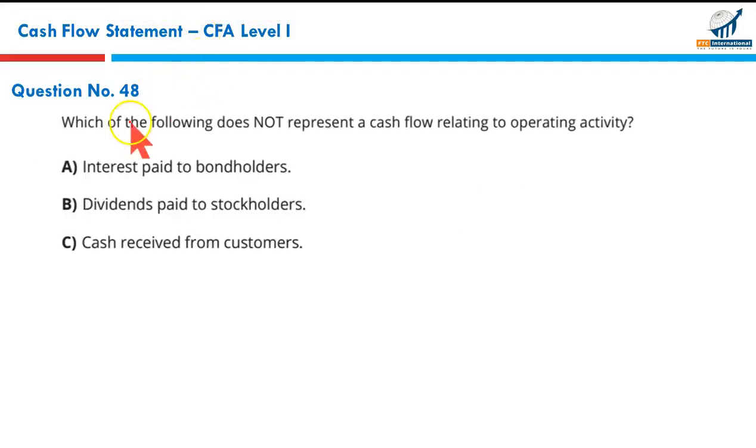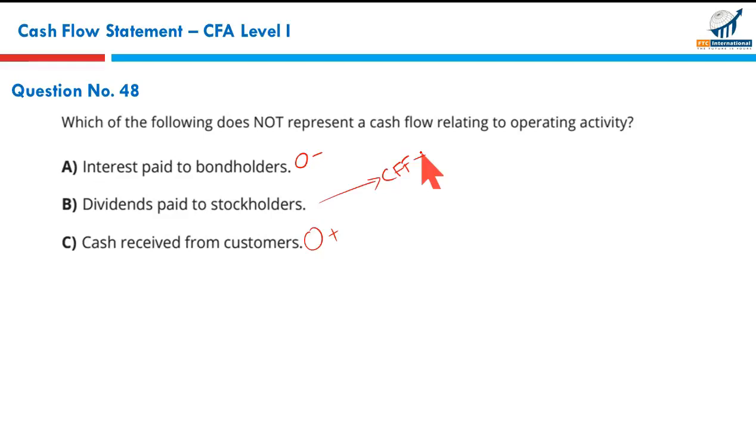Next question, question number 48. Which of the following does not represent a cash flow relating to operating activities? Interest paid to bondholders is an operating outflow. Cash received from customers is an operating inflow under direct method. But dividend paid is explicitly a cash flow from financing activities under the US GAAP.